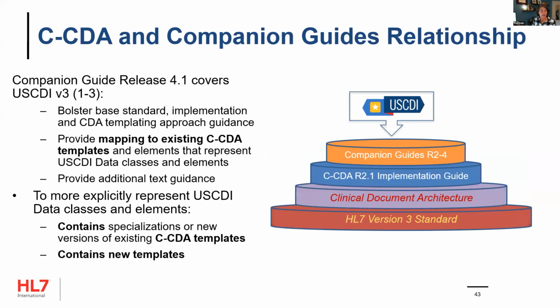Then, as the concept of USCDI was developed, with its annual updates and releases, we used companion guides to represent them as well. So we have companion guides 2 through 4 that represent USCDI 1 through 3. Again, we bolster the standard and add implementation guidance.